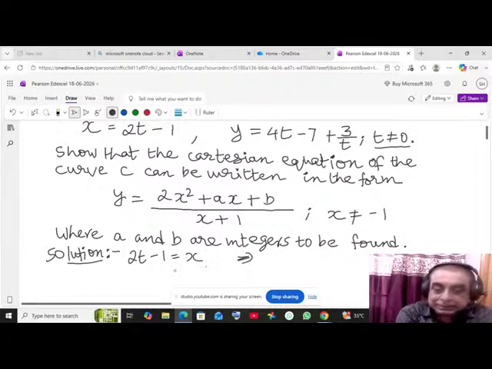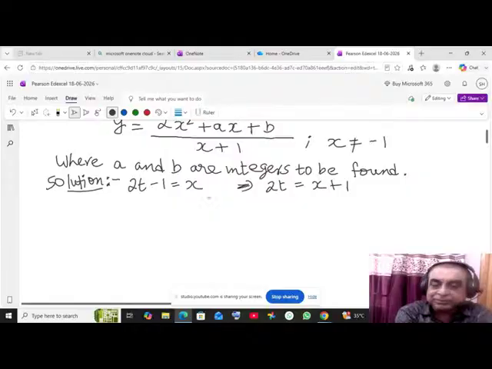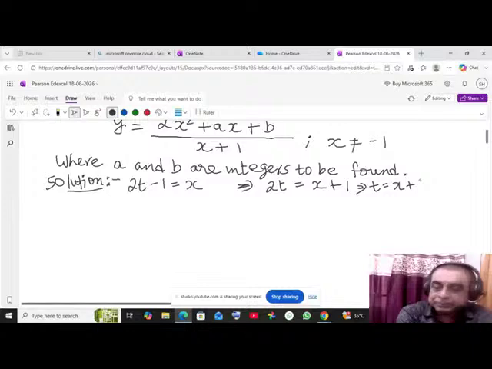So 2t is x plus 1, the minus 1 going to the right side becomes plus 1. So 2t is x plus 1. So what will be the value of t? The t value will be x plus 1 whole divided by 2. This is the t value from the first equation.